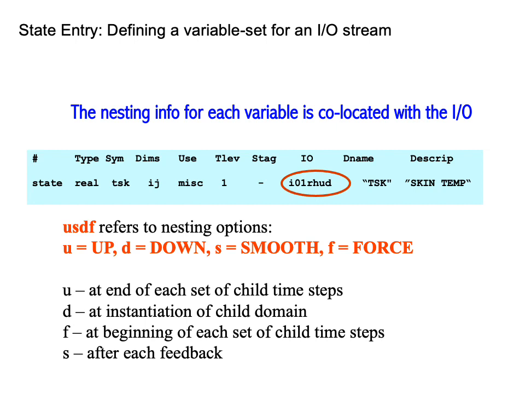If we would like to provide lateral boundary conditions at the end of a parent time step for the fine grid, that is F for lateral boundary forcing. And then there is an option after each feedback to smooth the data inside of the area of the nest, and that's the letter S.